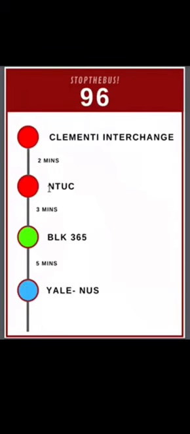Red shows that the bus has already reached this bus stop. For example, the bus has passed Clementi interchange, and is currently at NTUC interchange, or on its way to block 365. After that you'll reach your bus stop, which is currently in blue color, Yale NUS.